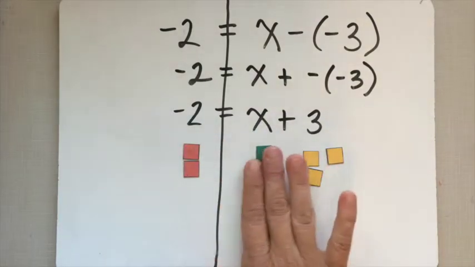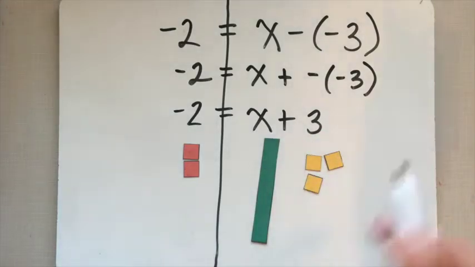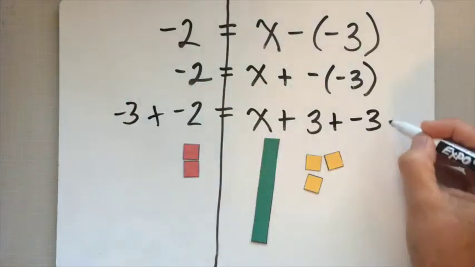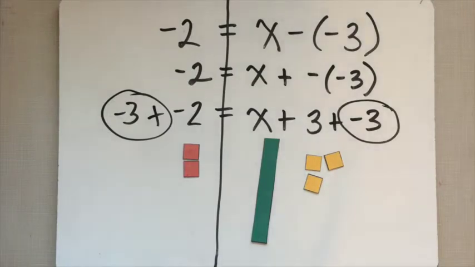I can see here's my variable, the thing I want to get by itself. So these 3 positive ones need to go. I can get rid of them by bringing in exactly the same number of negative ones. So I have 3 positive ones. I'm going to add 3 negative ones.